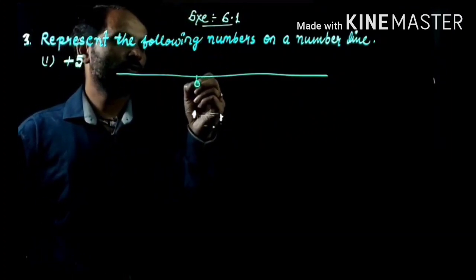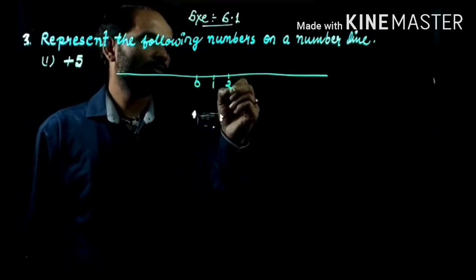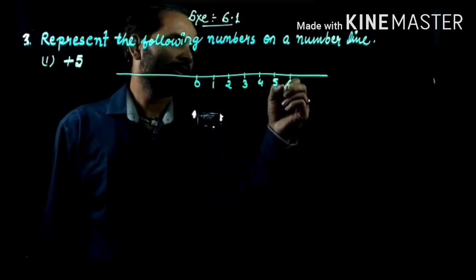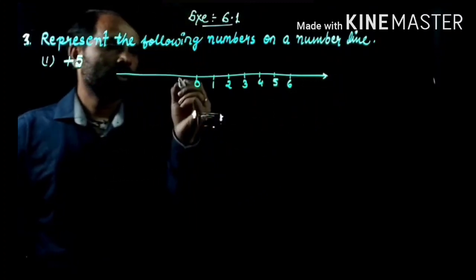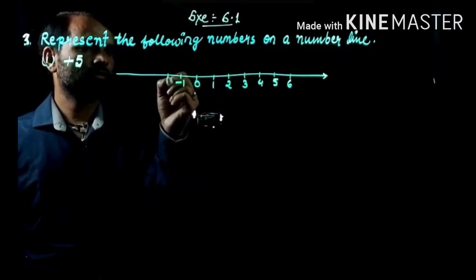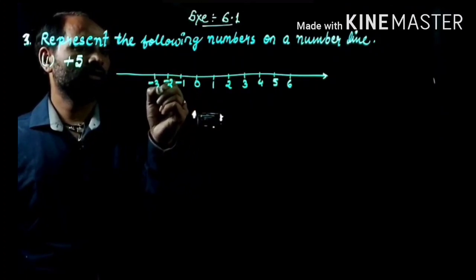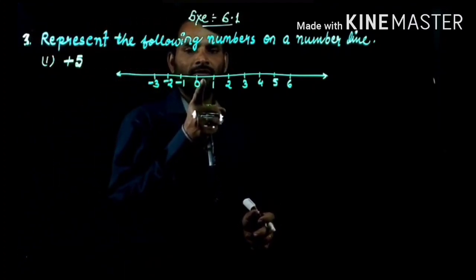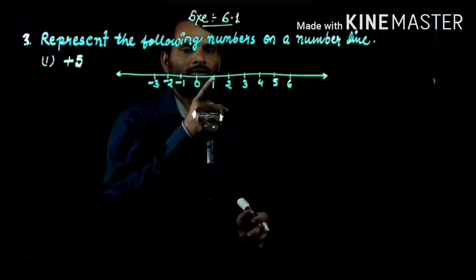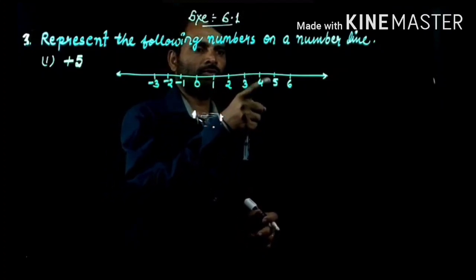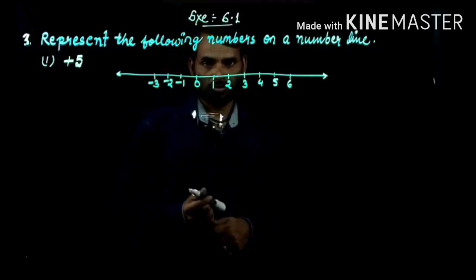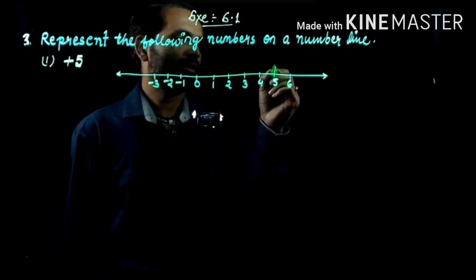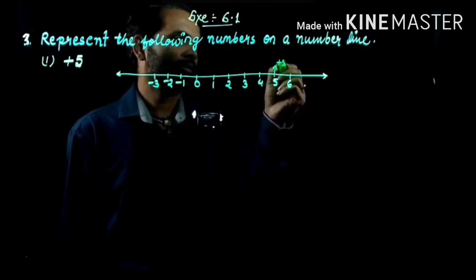The 0 is the midpoint, then 1, 2, 3, 4, 5 and 6, and some negative integers -1, -2 and -3. The difference between two integers, 0 to 1, 1 to 2, 2 to 3, 3 to 4, 4 to 5, is equal. Plus 5 is here, you mark it and write plus 5.